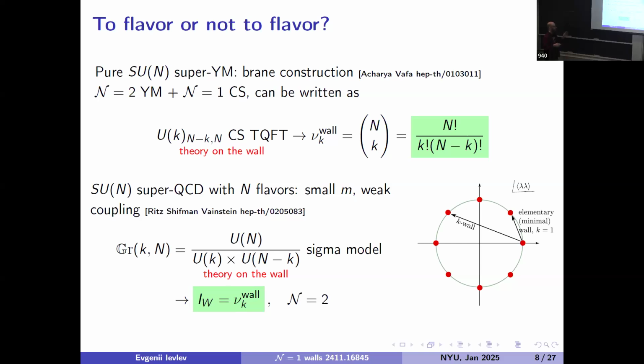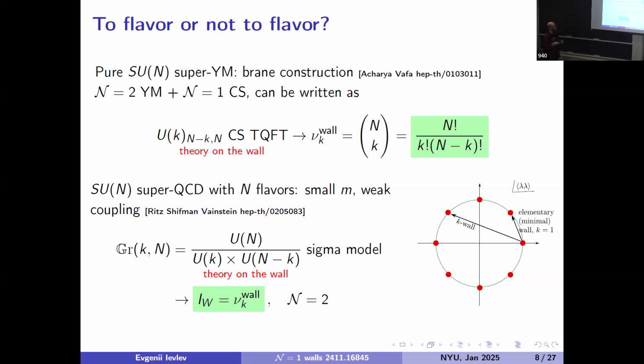But the crucial difference between these two theories is that in the latter case, you can have junctions between different domain walls. From the point of view of the effective theory on the wall, the Grassmannian sigma model has different vacua, and you can consider kinks interpolating between these vacua, so that in the bulk you can study junctions of domain walls, which are seen in the effective theory as kinks.